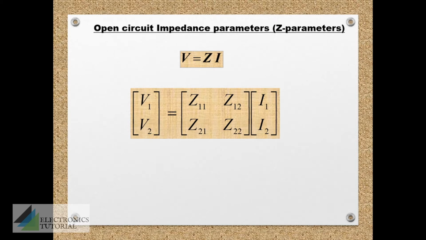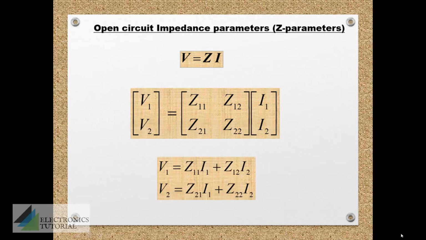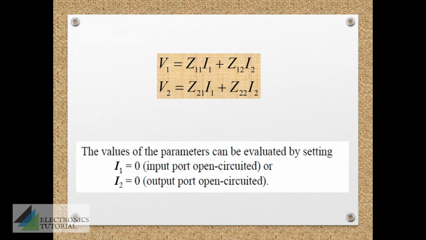We can even represent this as equations. V1 is equal to Z11 into I1 plus Z12 into I2. And the second equation, V2 is equal to Z21 into I1 plus Z22 into I2.